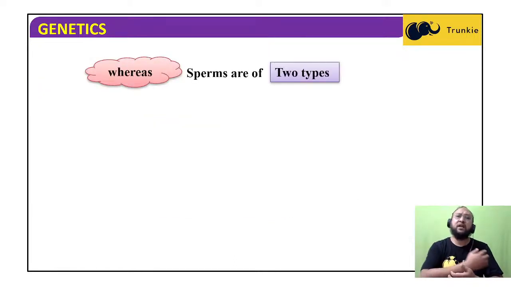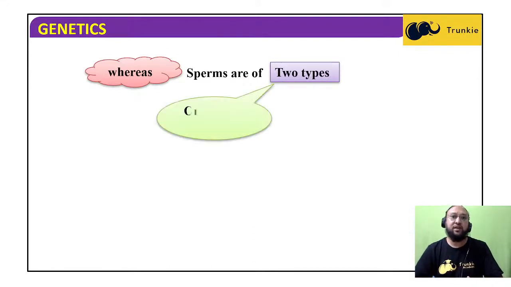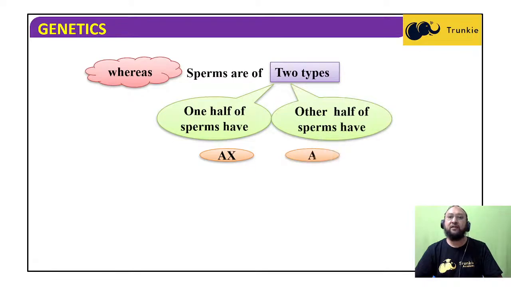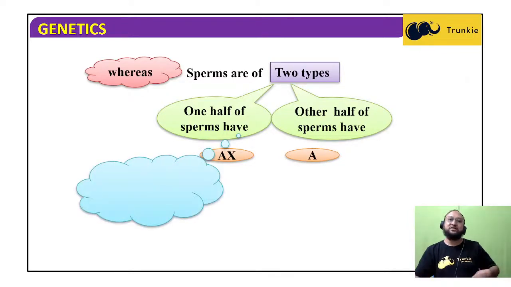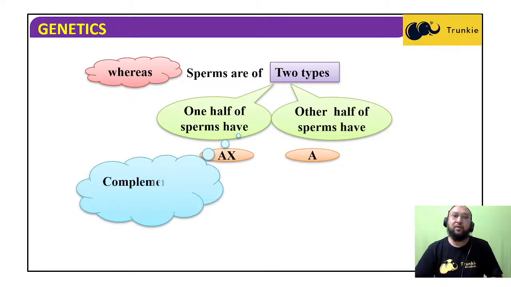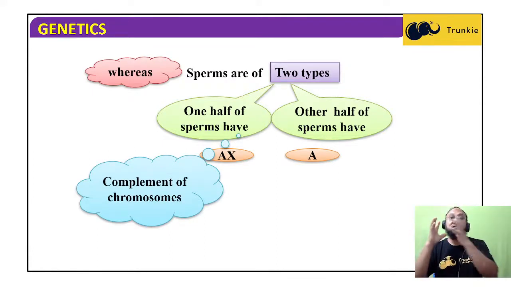Sperms are of two types. One half of the sperms have A plus X and one half have A only. So there will be no sex chromosome in the other 50% of the sperms, and 50% of the sperms will have the X chromosome.